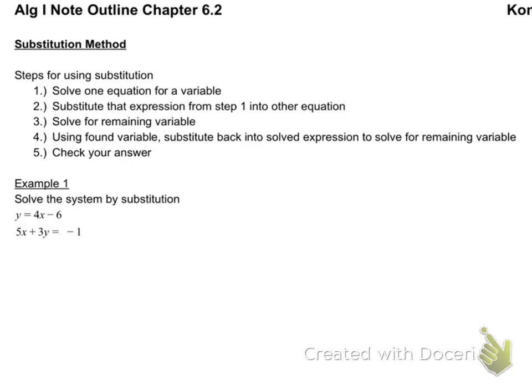So, I've got 5 steps for solving by substitution, and it all comes down to substitution being plain and simple. I am going to put something in for something else. The steps are: number 1, solve one equation for a variable.